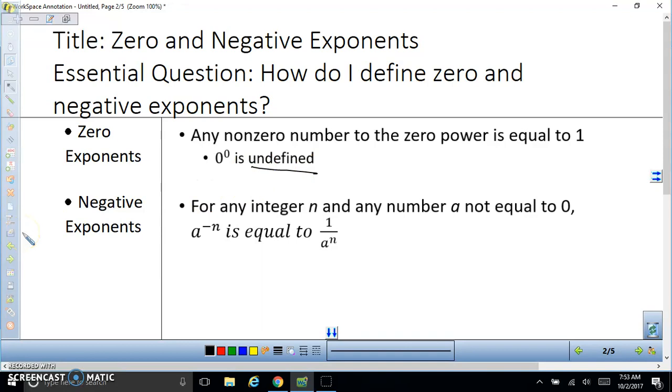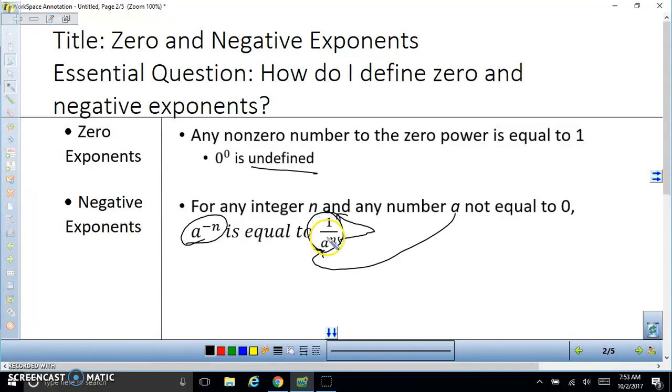The second thing, negative exponents. For any integer, that's positive and negative whole numbers, exponent and any base a that is not equal to 0, a to the negative n is equal to 1 over a to the n.